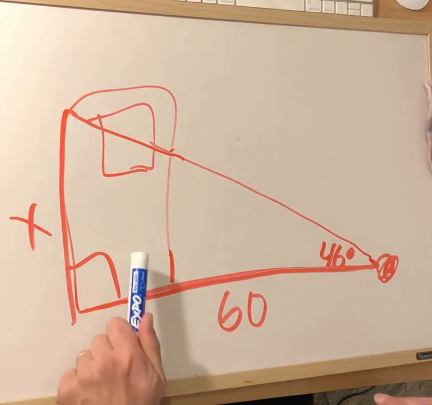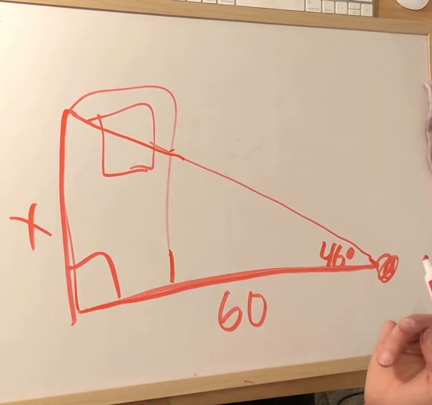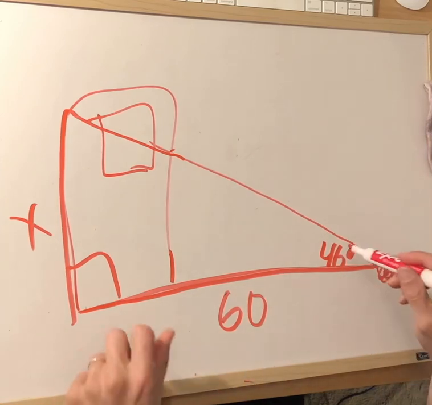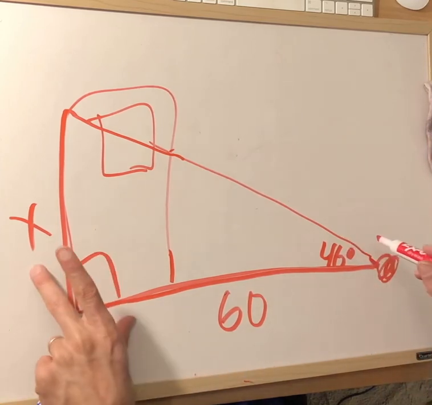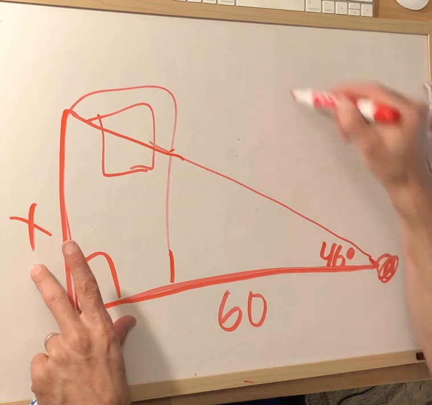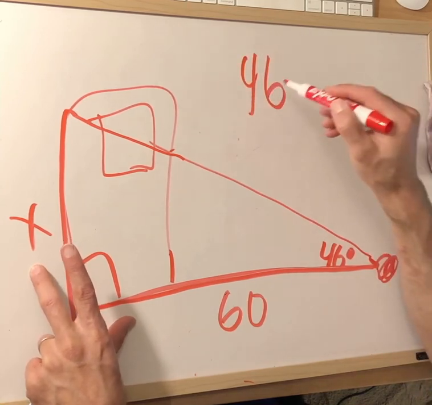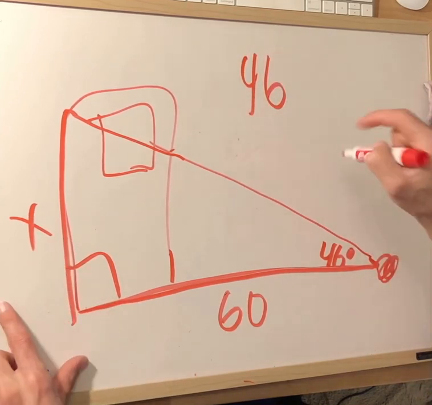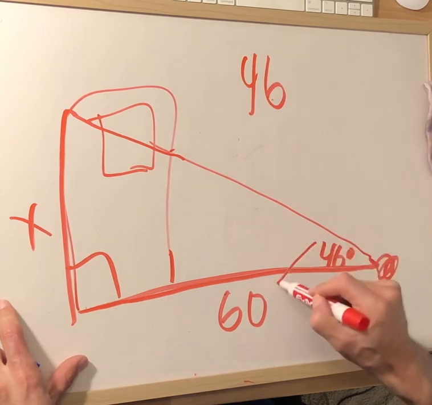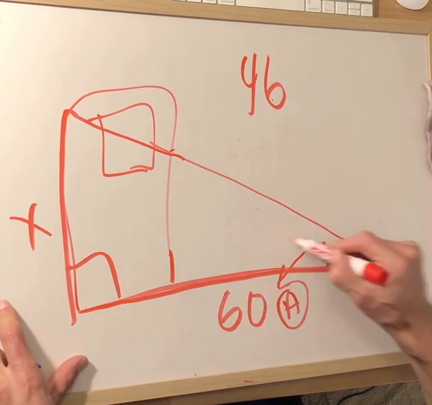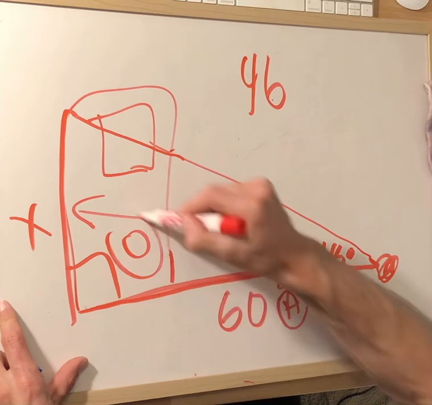All right, so here's your right triangle to set up. So from 46, and I'll just work this last one out step by step all the way. 46, the adjacent side and the opposite side is what you're trying to find.